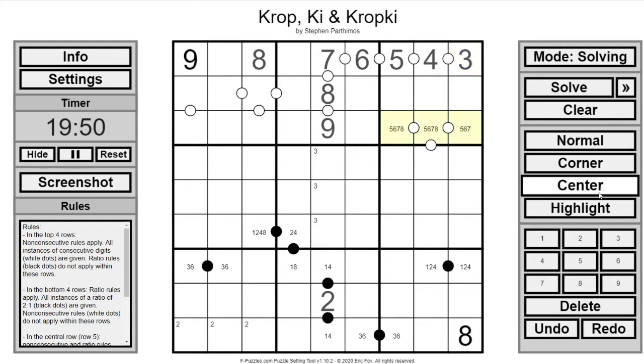Now 5 can't be in here anywhere. So this is a 5, 6, 7 one. Wait, no, it can't have a 5. 8, 7, 6, 6 or 8.